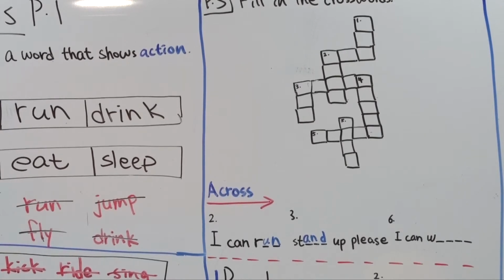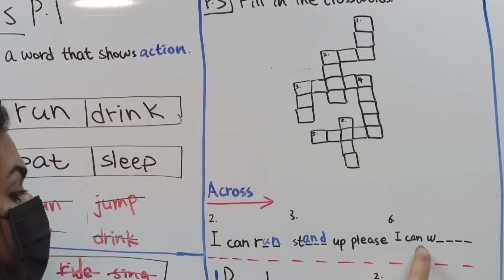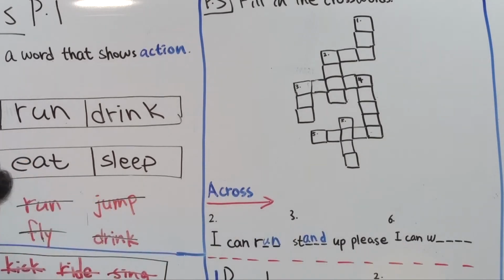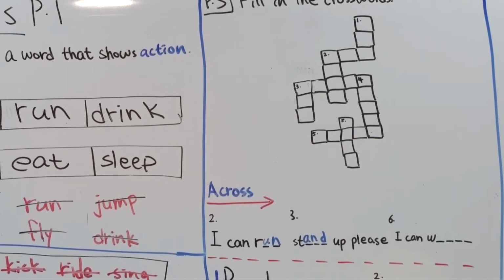Number 6. Number 6 is I can. Wow. You can see a girl holding a paper with A plus, right? So I can. Which action word starts with W and is related to papers?